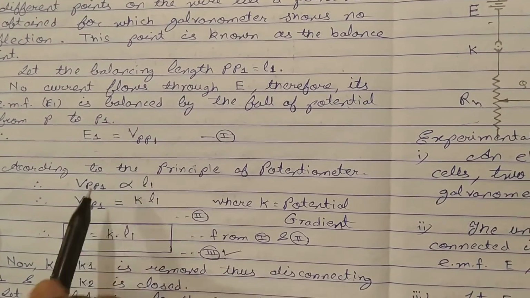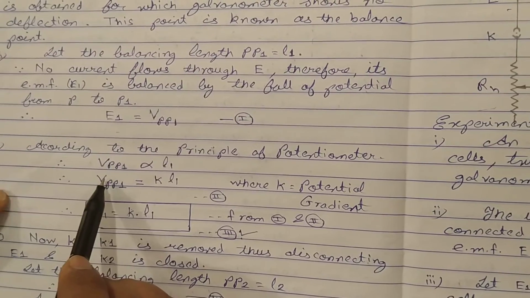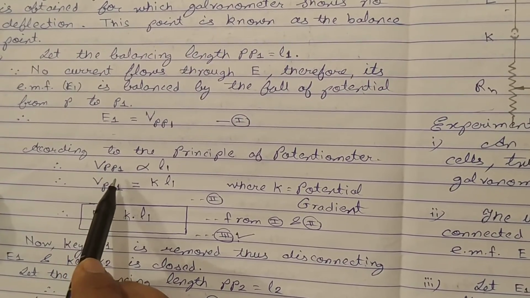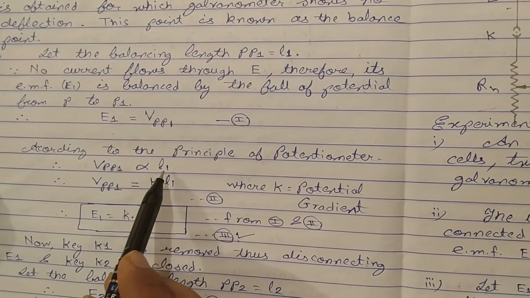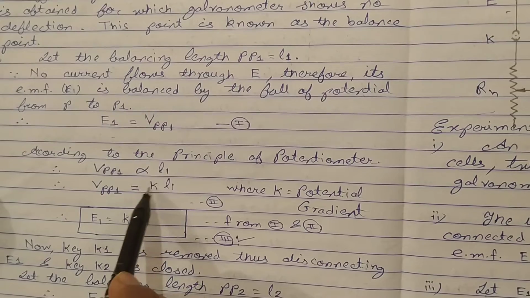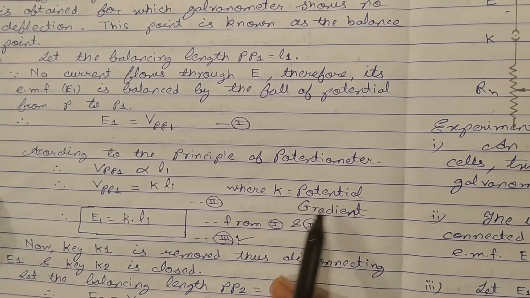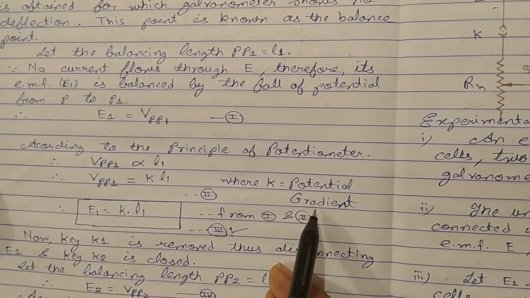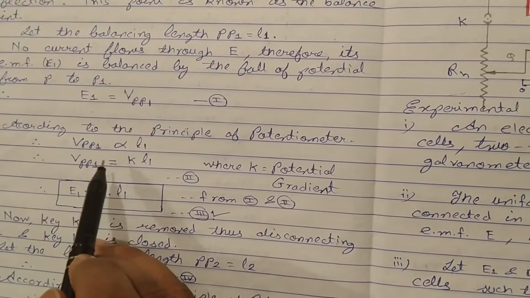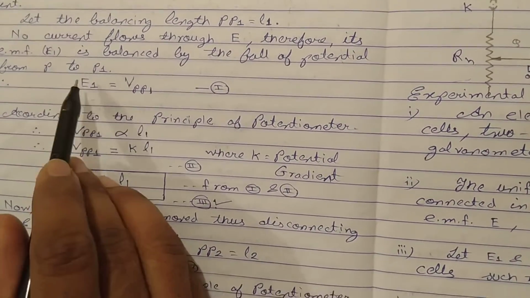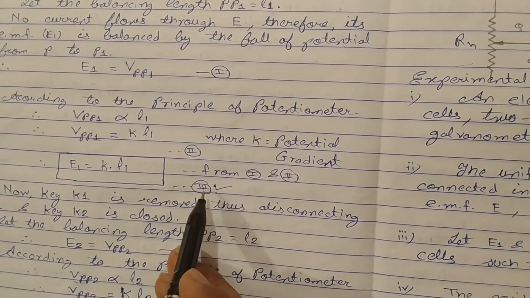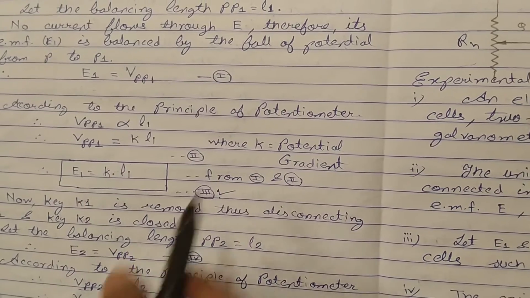Since according to principle of potentiometer, VPP1, voltage between point P and P1, is directly proportional to L1. If I remove the directly proportional, then proportionality constant will come. That proportionality constant is called potential gradient K. Then from 1 and 2 we observe that we are going to replace VPP1 by E1. So E1 equals K times L1. This is equation number 3.